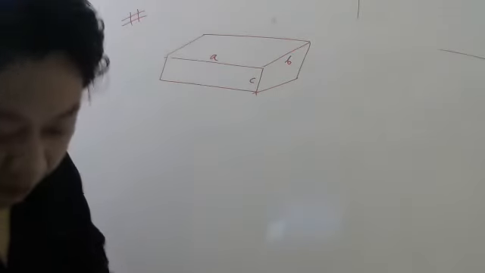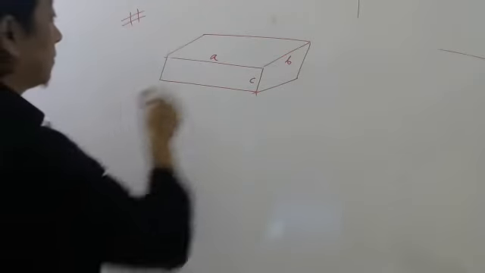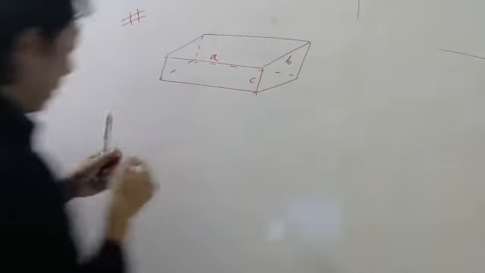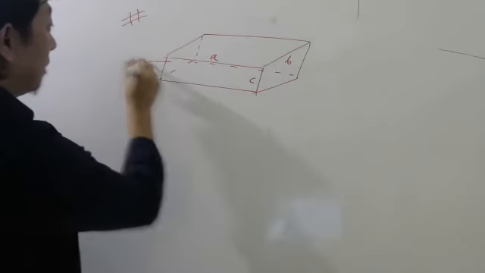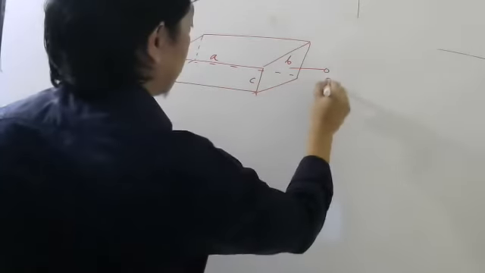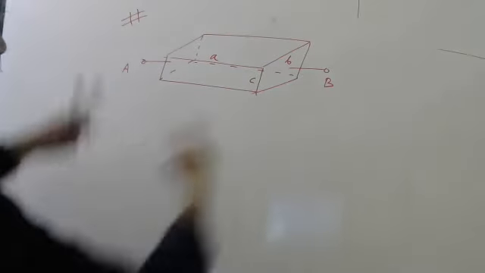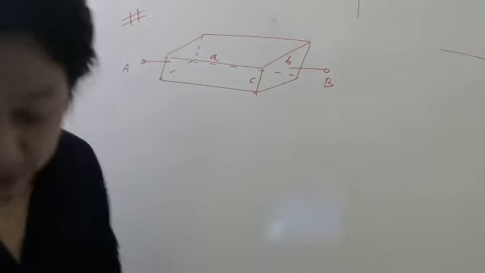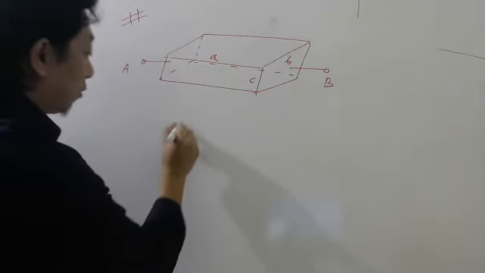Let us draw this part also. Now suppose I want resistance between these two terminals. So suppose I connect battery here. Then while calculating the resistance, you have to be very careful.